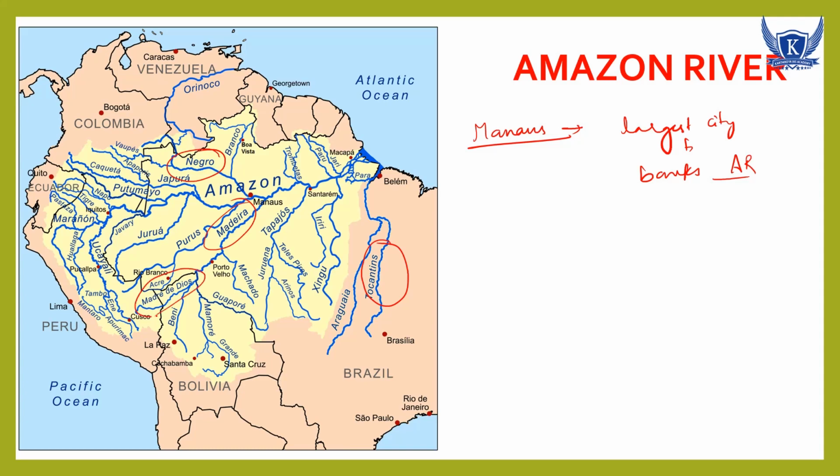Madre de Dios, which add more water to the river. Purus is also an important tributary. If you have to learn about the tributaries, you have to remember these names. Orinoco is also an important tributary. So these are some of the important tributaries of the Amazon River. We'll separately learn about them in the minor rivers of the world. Okay, thank you.